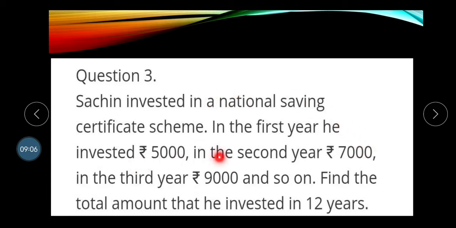You can see 5,000, 7,000, 9,000. So it is increasing by 2,000. So our difference is 2,000. Thirdly, amount invested is in 12 years. So our N is 12. So we will use the formula of Sn to find the total amount he invested in 12 years. Okay students, let's see the solution.